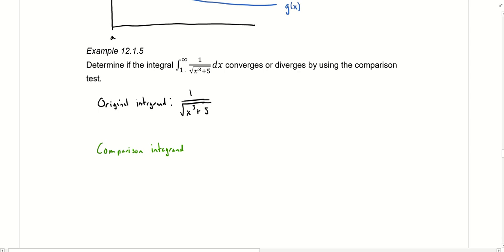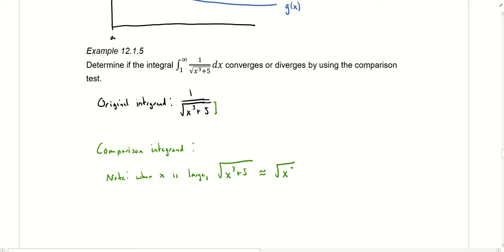Now, I'm going to consider my denominator here. I'm going to say here, note, when x is large, I'll write it down here. This denominator of the square root of x cubed plus 5 is going to behave very similarly to just the square root of x cubed.